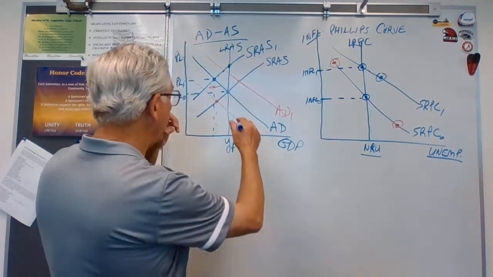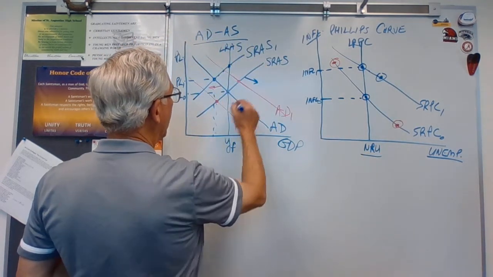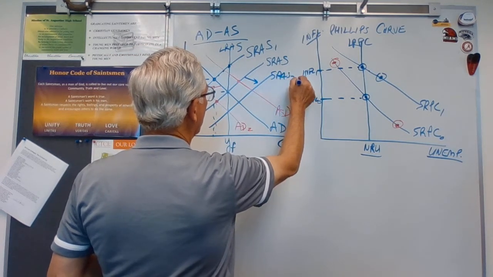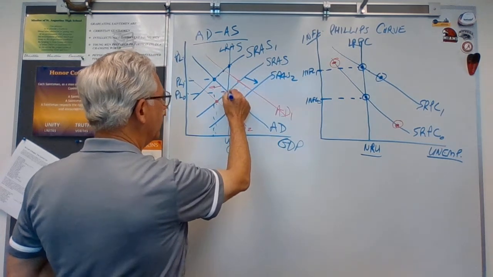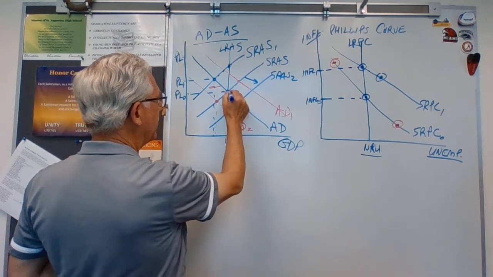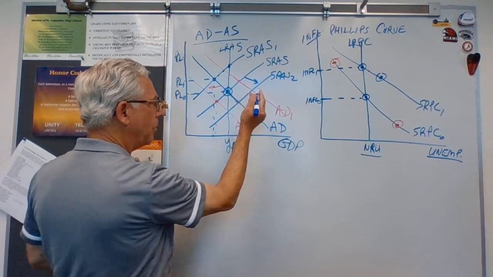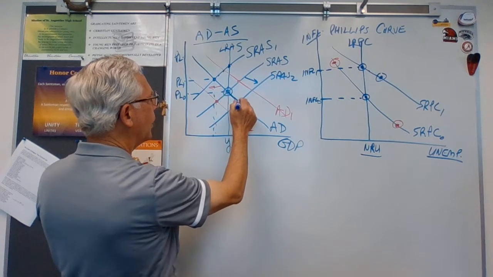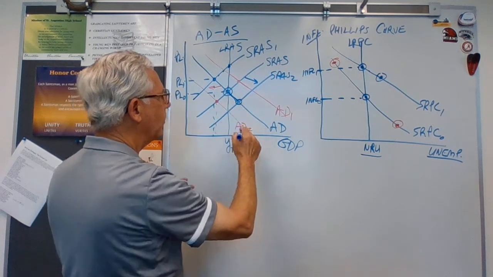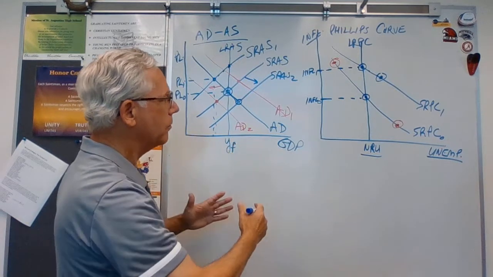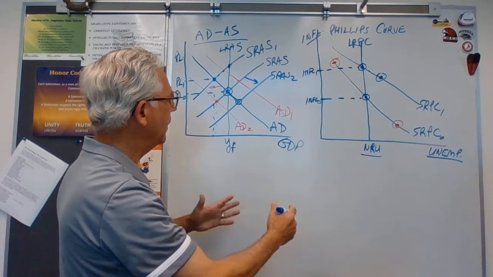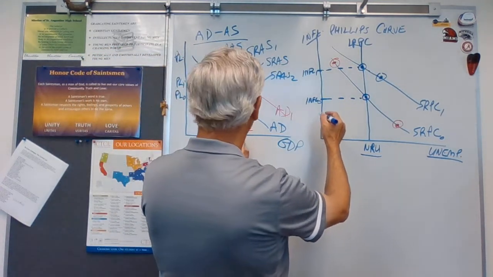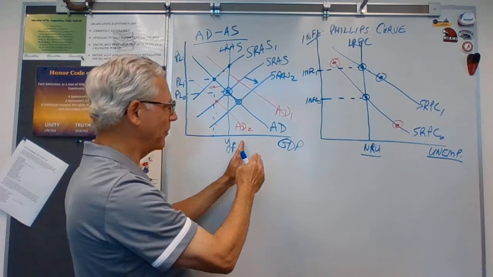The opposite is also true. If we wind up with technology shifting the short run aggregate supply to the right, we move down from equilibrium. This is the initial equilibrium, but back when everything was in equilibrium, we moved to here, and we wound up with lower rates of unemployment, excuse me.